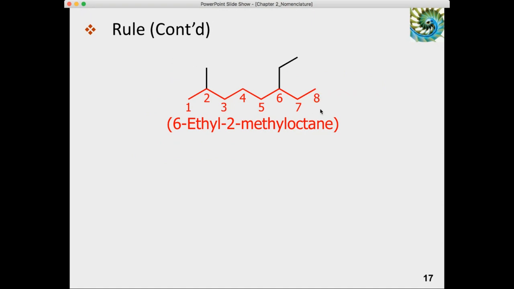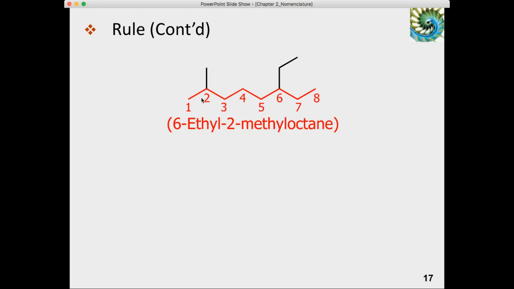The criteria for that is to assign the lowest possible number to the substitutions. So if we assign the number 1 here, the first substituent will be in position number 2. If we were to assign the number 1 on this side, the first substitution will be in position number 3. Because we want the lowest possible number, the number 1 will be the carbon on the left. So basically, you want to number 1 the carbon that is closest to a substituent.